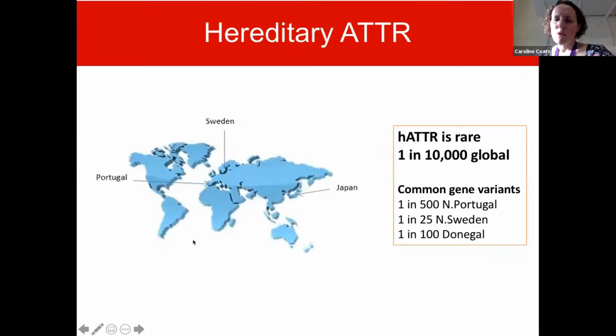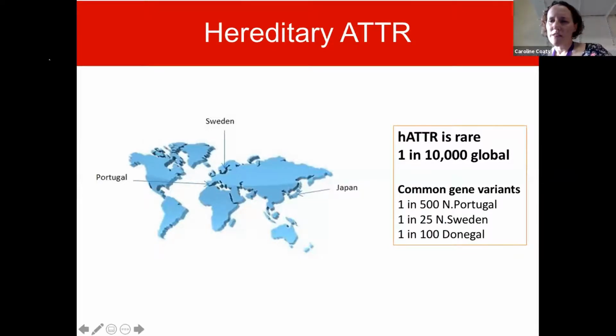So overall, hereditary amyloidosis is considered to be a rare disease. But genetics follows geography, and there are common hotspots around the world. And there are some places where specific genetic variants are much more common in the population.